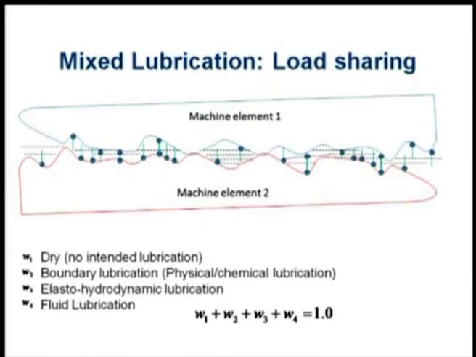If W1 is a higher value, naturally friction will be higher, and wear will be higher. If W4 is on the higher side, then naturally the lubrication is effective, and wear will turn out to be 0 or negligible. Friction will then depend on the viscosity of the lubricant.